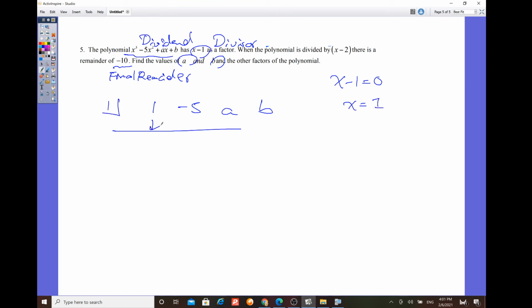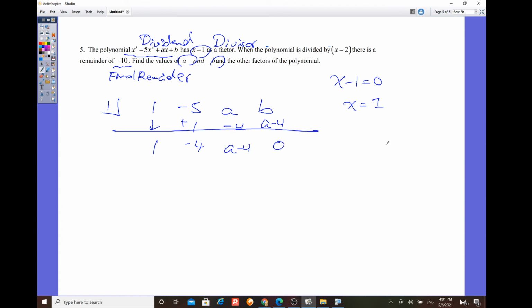So bring down 1 first. 1 times 1 is 1. Combine them for the new result, -4. Times 1 is -4, so this one turns out to be a minus 4. Then a minus 4 times 1 gives b plus a minus 4. Since we know that x minus 1 is a factor, this is all divisible, so the remainder is always 0.